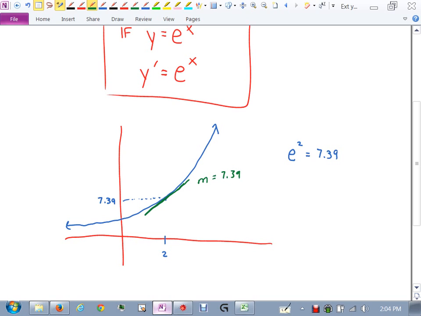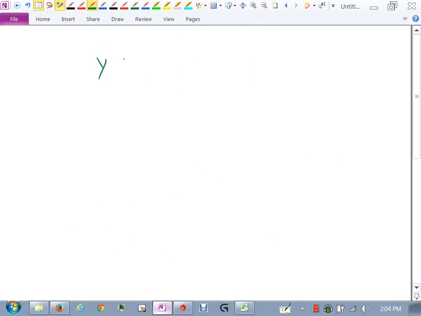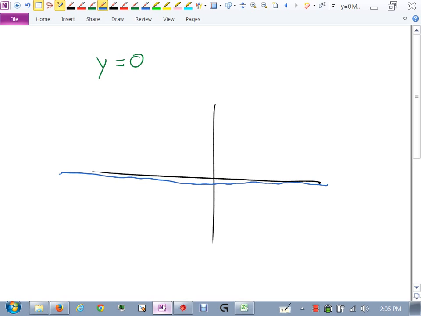Well, there is one other, but it's called the non-trivial example, and that's the function y equals 0. Y equals 0 is a flat line. What's the derivative of 0? 0.